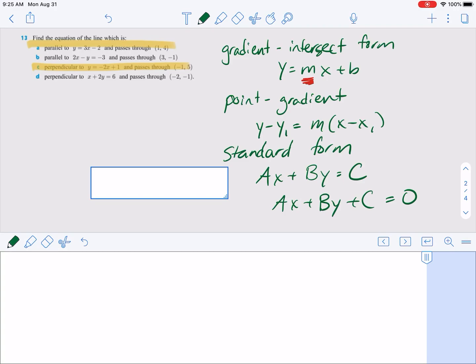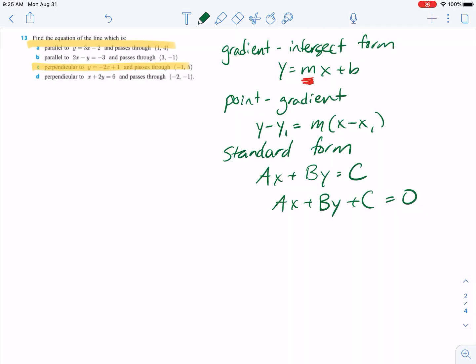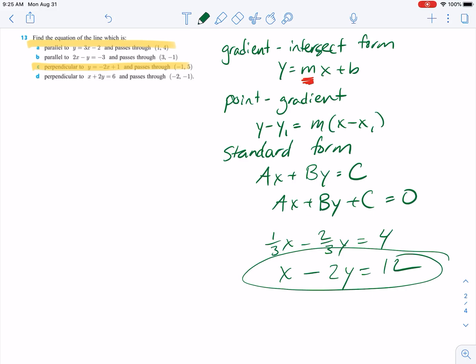The thing about this one is that a, b, and c all need to be integers, and a should be positive. So if you have something like 1/3 x minus 2/3 y equals 4, multiply everybody by 3 and you'd get x minus 2y equals 12. That would be preferable to the one above it.